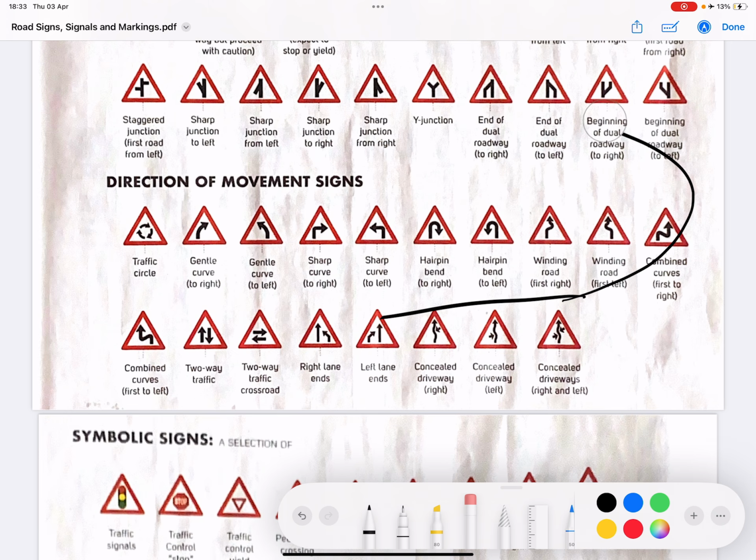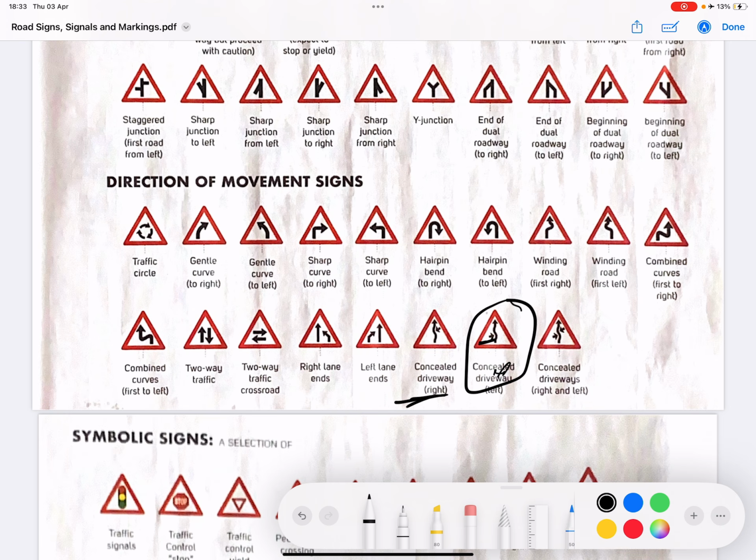And then the concealed driveway, this one. The word concealed also means hidden. So not visible from your side of view. So where you are, you can't see that there will be a roadway joining from your left.